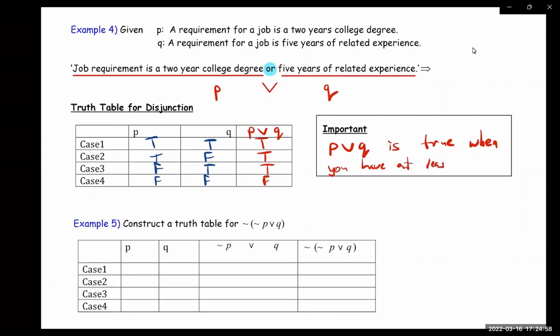All you need is one. So one there, and this one, they're both false.